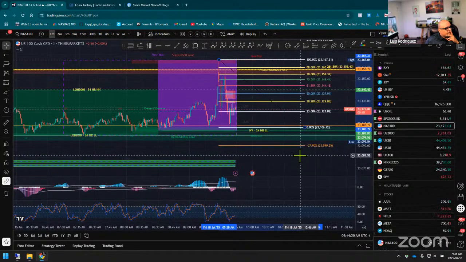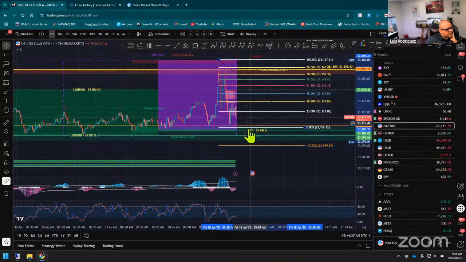I wonder if it's going to go up there. There you go. Coming down, coming down.